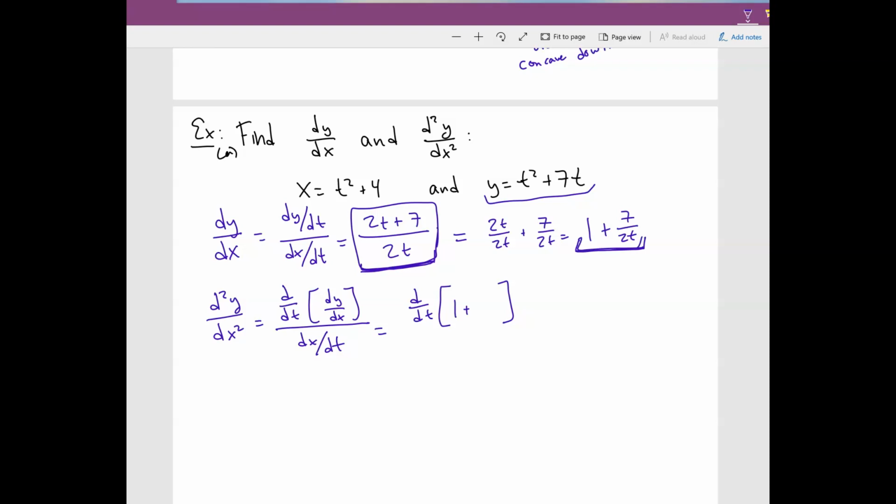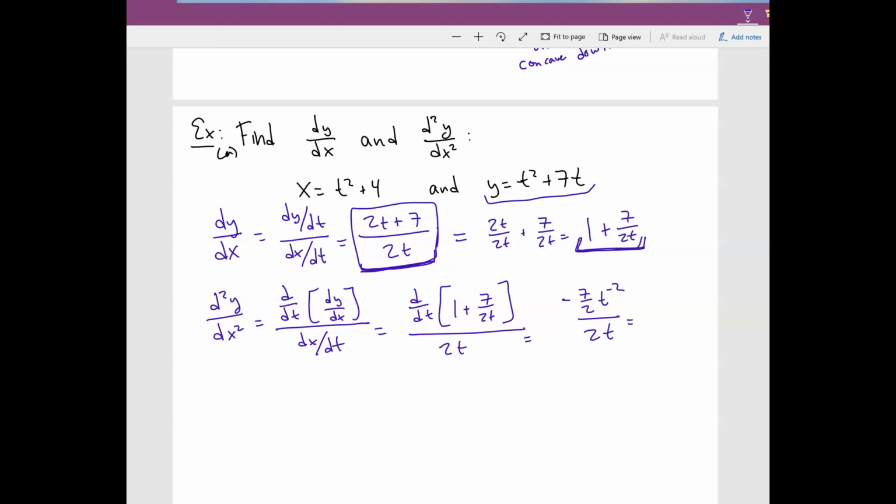So 1 plus 7 over 2t, and then divided by dx over dt, which we already figured out was just this 2t on the bottom. All right, the derivative of this is just 0. The top part is going to be negative 7 over 2 t to the negative 2, divided by 2t.